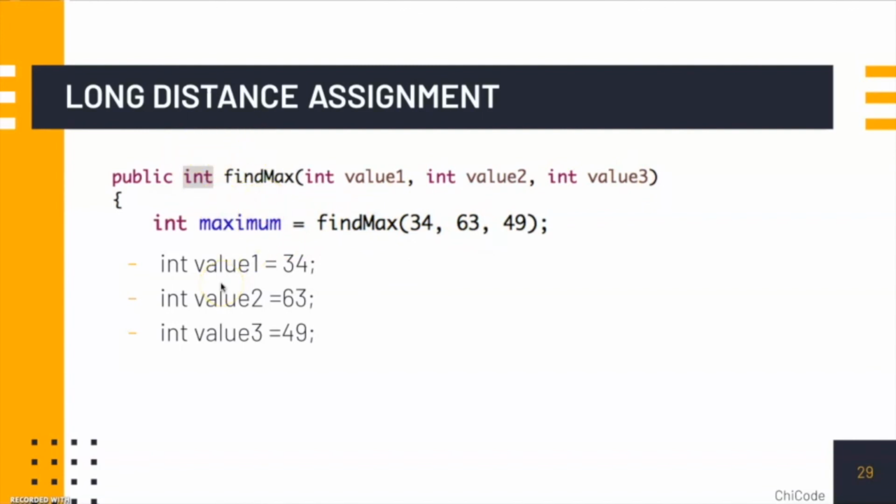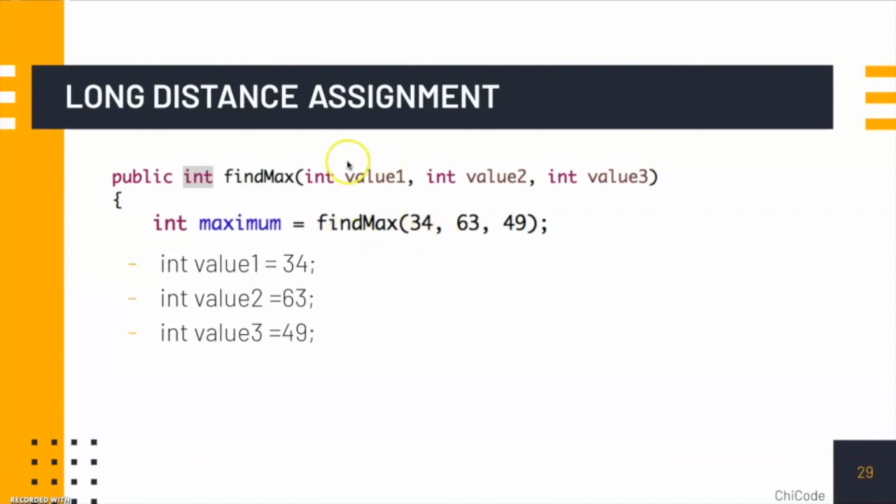What is going to happen is the value 1 is going to equal 34, value 2 is going to equal 63, and value 3 is equal to 49. Since we have 3 variables here and 3 numbers that are coming in through the parameter, this is called long distance assignment. As we mentioned before, a variable has an assignment operator along with an equal sign and the value.